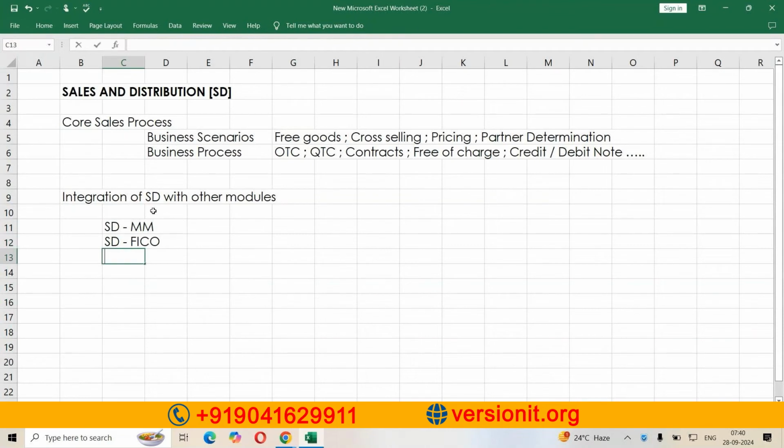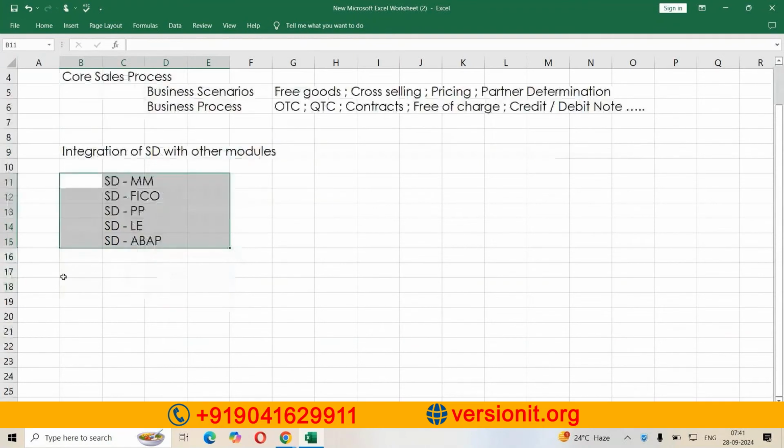We try to work with SD with production planning, SD with LE module, and SD with ABAP integration. To run our life cycle, this particular skill set is very much required. And then we try to complete the life cycle. So sales life cycle will be completed with that.